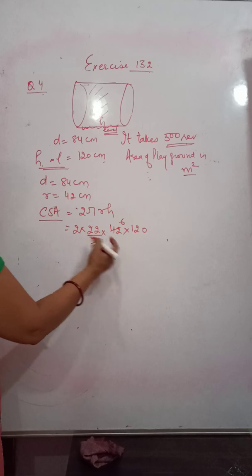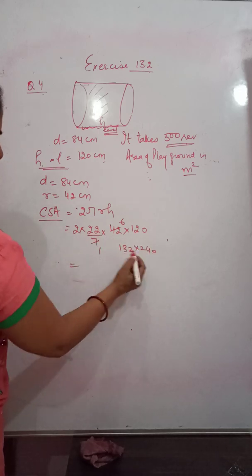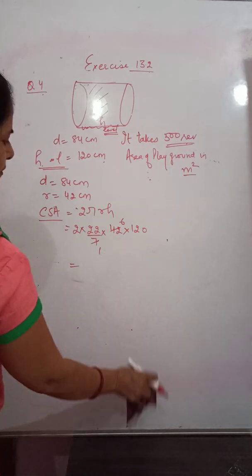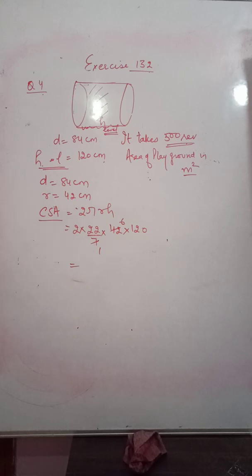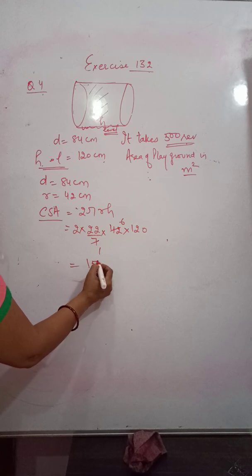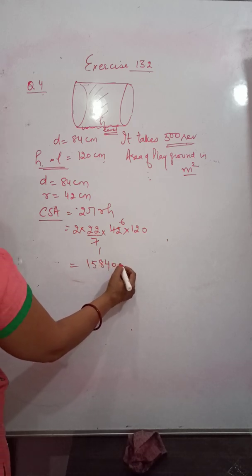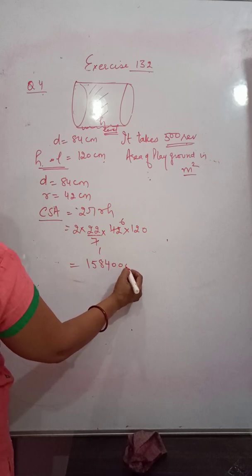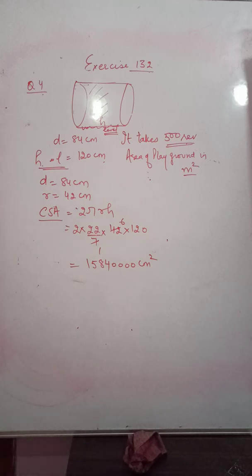So multiply 132 into 240. Don't get confused, just multiply all these 4 terms and we will be getting 1584000 centimeter square. Clear?